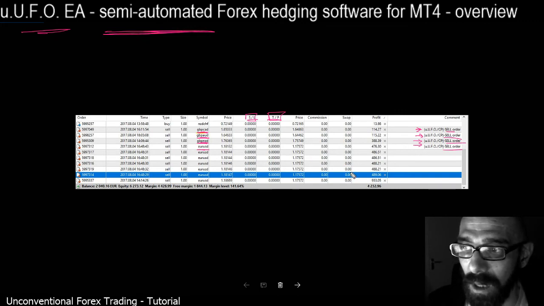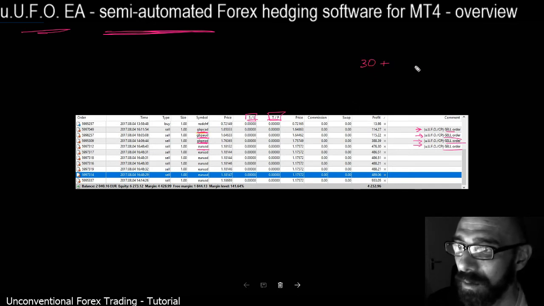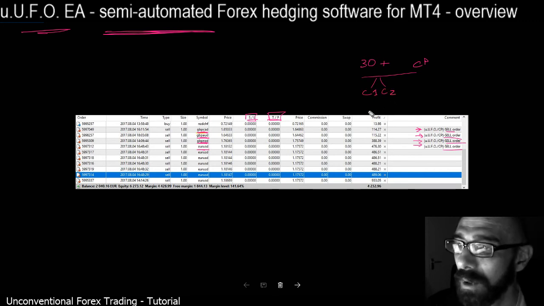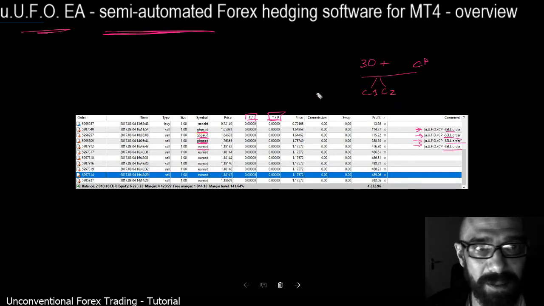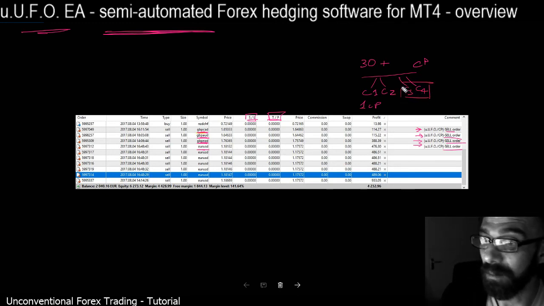So from 30 and more currency pair charts, this algorithm narrows to two currencies, currency 1 and currency 2, which is one pair basically, and other two couples if they are there, because it could be that, for example, we saw euro dollar that way, it could be that euro dollar is not moving.